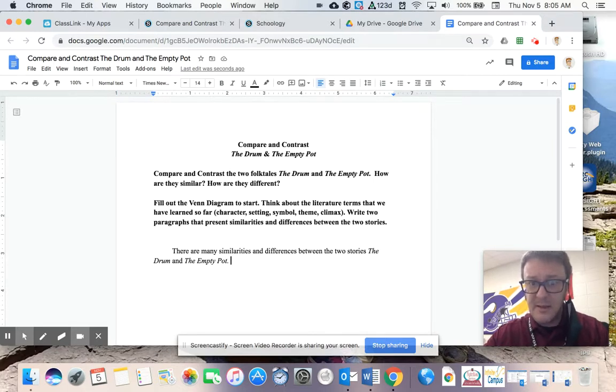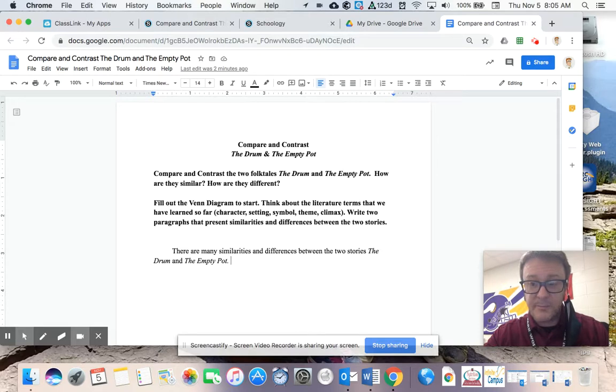Okay? In the drum, we have a boy who is very kind, and eventually his kindness is returned to him. Okay? And in the empty pot, you have Chen, who works very hard to grow a seed for the emperor. All right? He does his best, and he is honest, even though his seed does not grow. And he is rewarded for being honest.